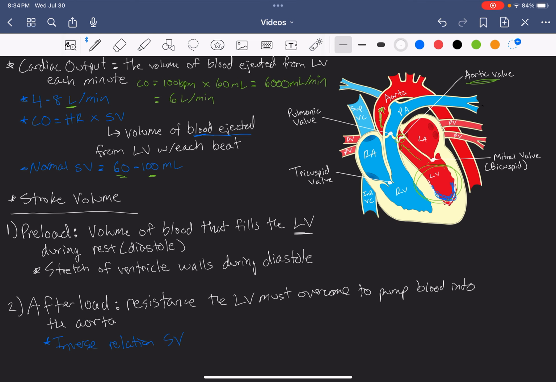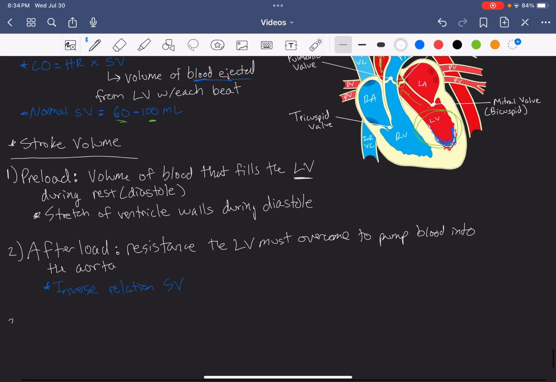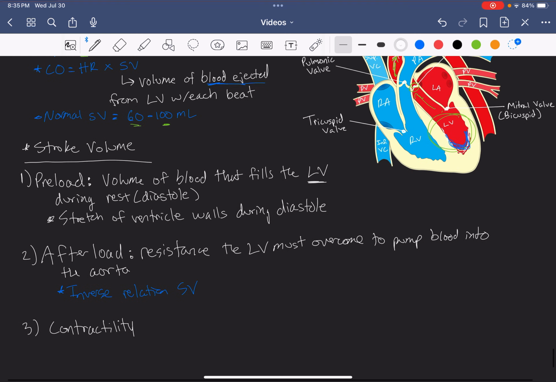Okay, the third and final one we'll cover that influences stroke volume is going to be contractility of the heart. Let me write this better. Contractility. I feel like this one is pretty self-explanatory.